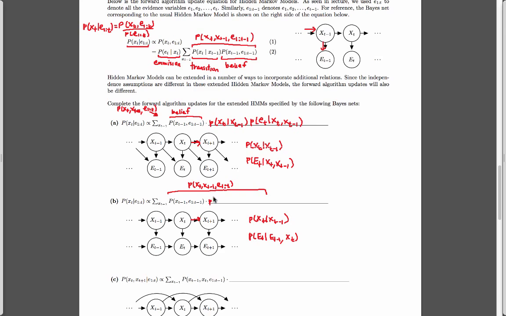So the answer is the probability of xt given xt minus 1 and the probability of ET given ET minus 1 and XT.